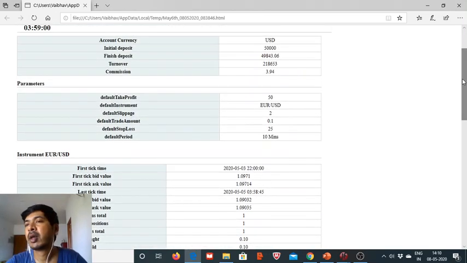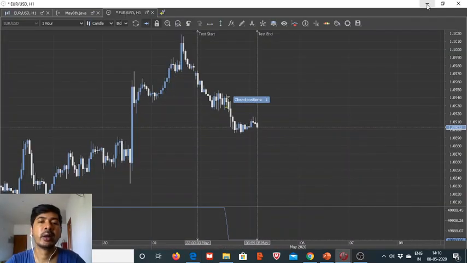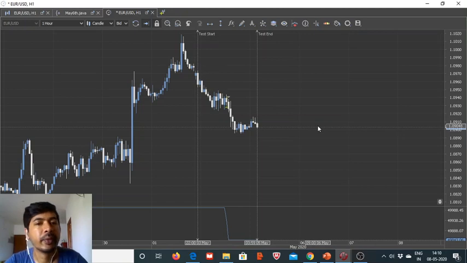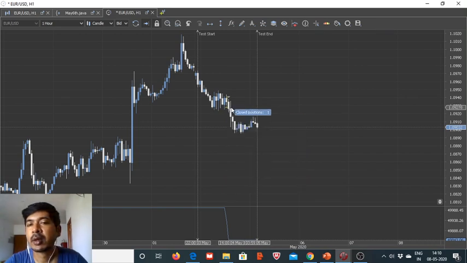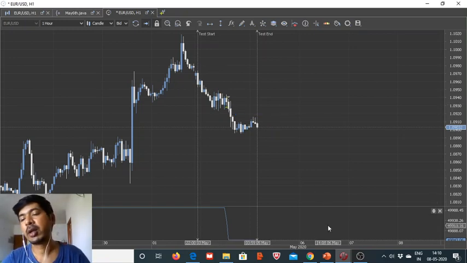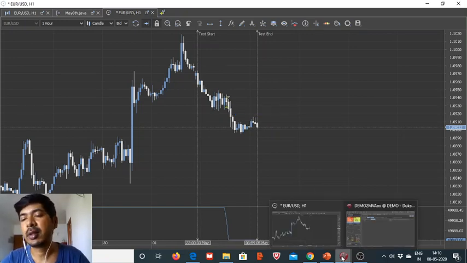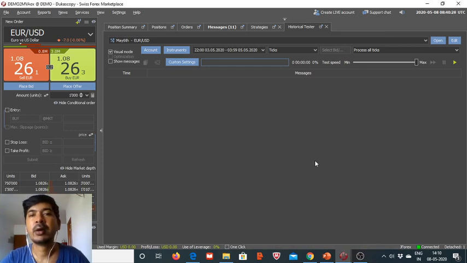So as you can see, the algorithm is executing the trade. This didn't really go in our favor, but the thing is it is working, and you can do an extensive trial run and then see how it works in the longer time frame.